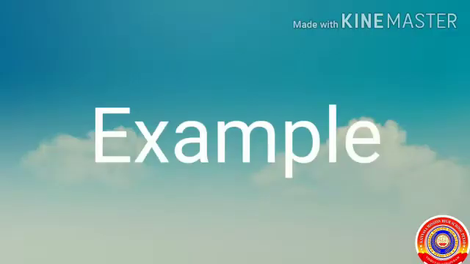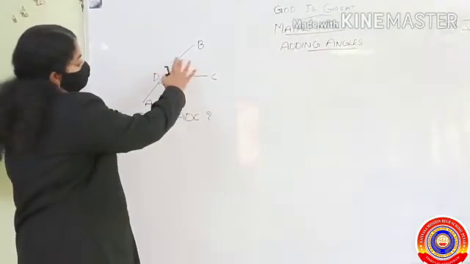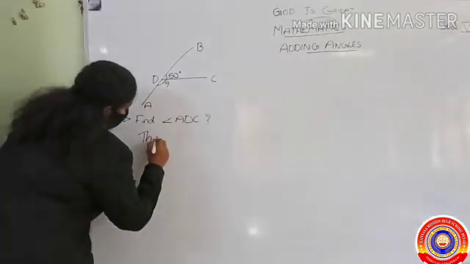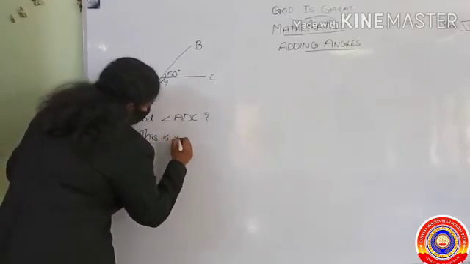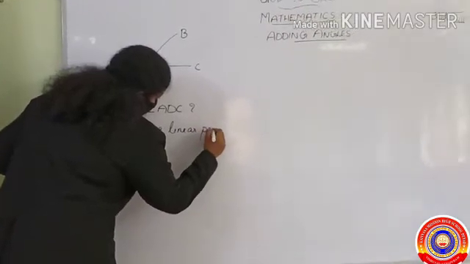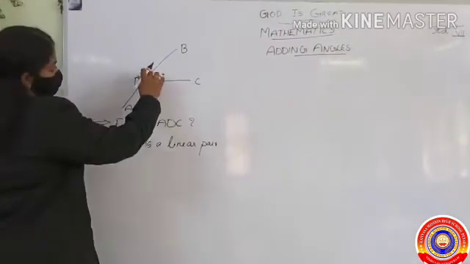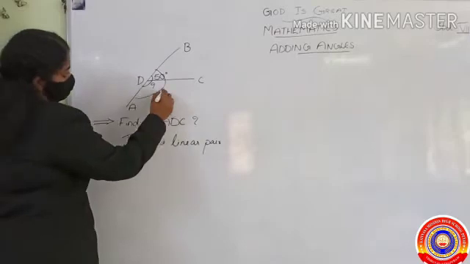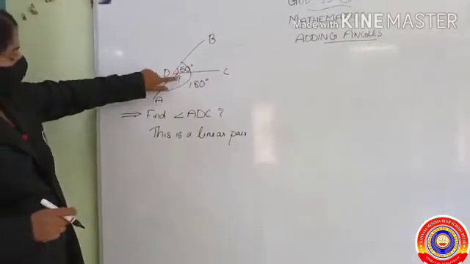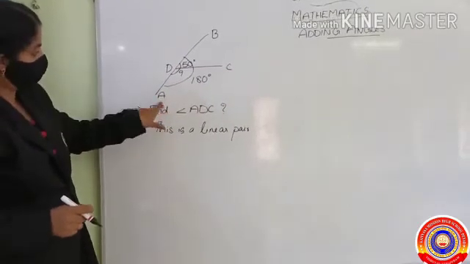Let's do another example. In this question, only one angle is given. We want to find angle ADC. So, we know that the angle on the either side of a line is 180 degree and it is called as a linear pair. Here the total angle is 180 degree. So, we want to find angle ADC.